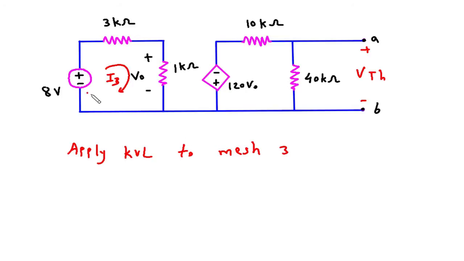We will start from here. So this will be -8. This will be positive, this will be negative. So plus 3000 I3 plus 1000 I3 is equal to 0.